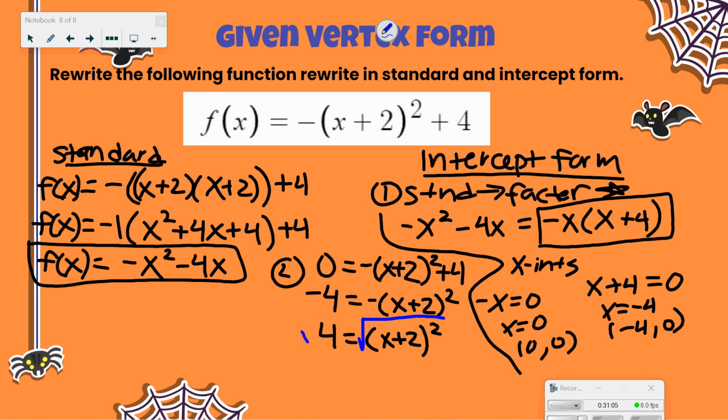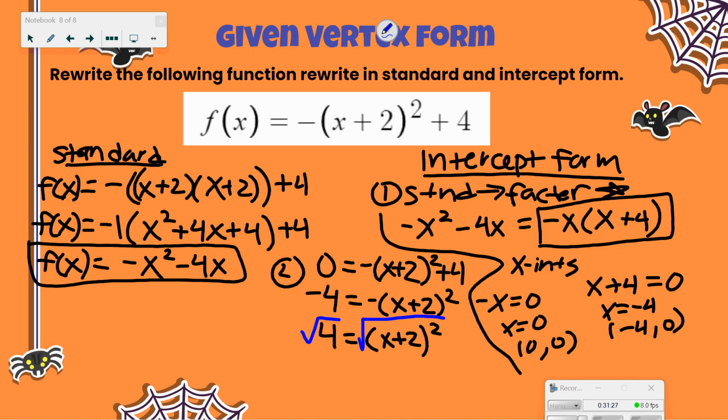This might be a new piece for you guys. When you are physically writing in a square root to solve, I physically wrote that square root in blue. When you have to write in that square root to help you solve, you need to think about the two scenarios that I could have squared a value and it would have given me 4.